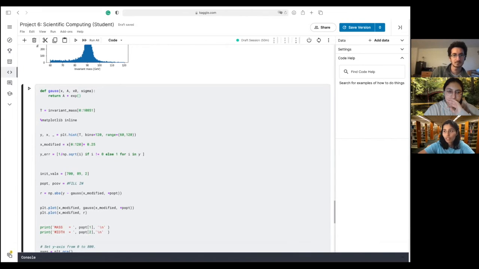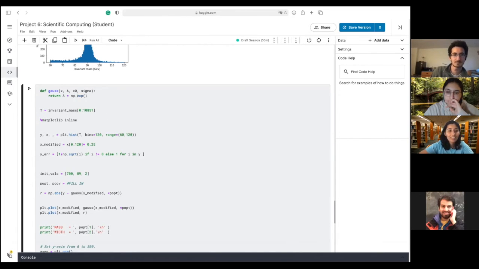Are we going to use NumPy for the exponential? Yeah. So we do exponential of x minus x0, which is the mean, squared.